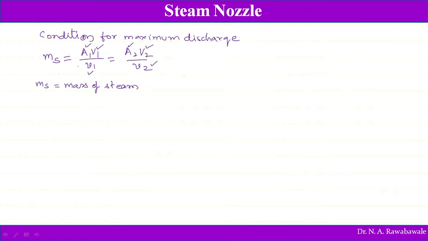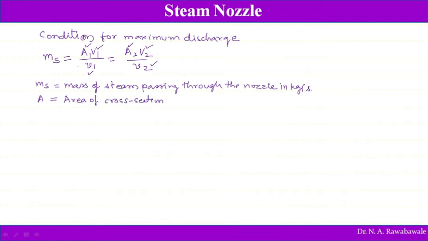Mass of steam passing through the nozzle in kg per second, where A is the cross-section area in meter square.